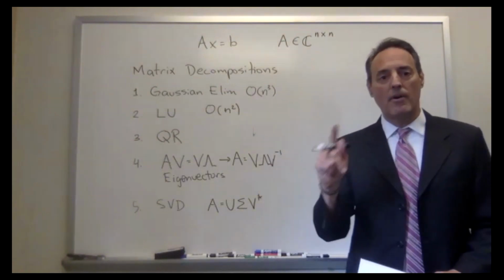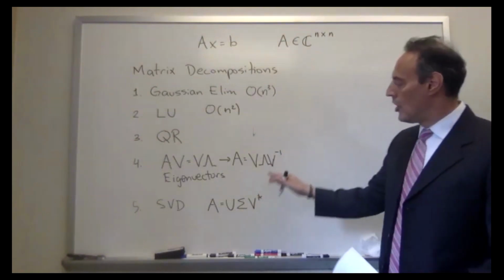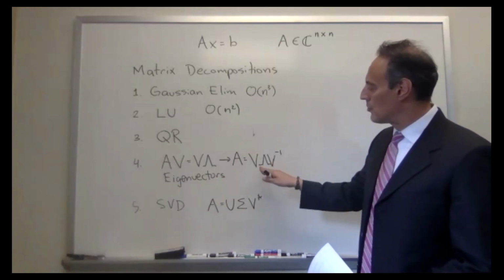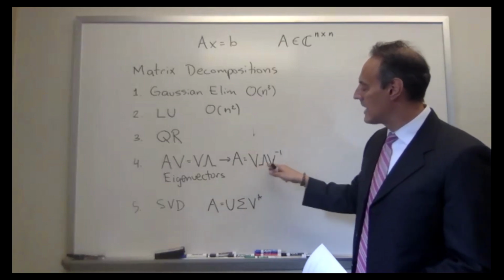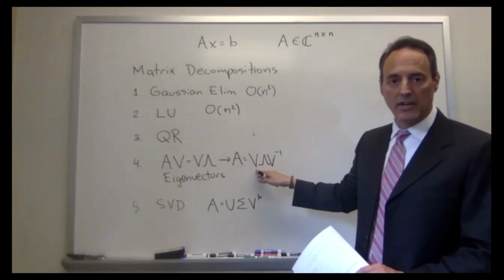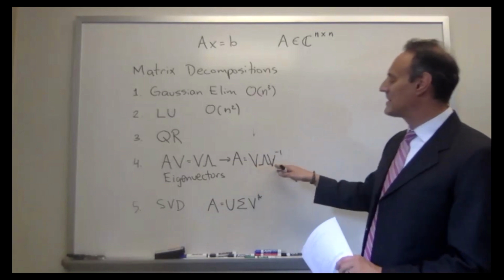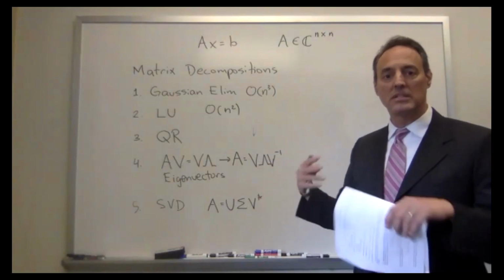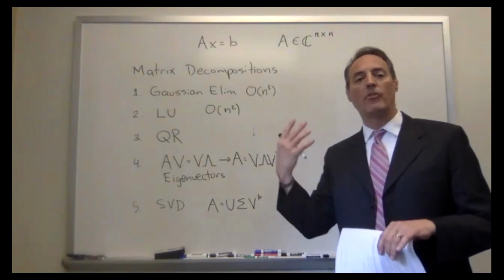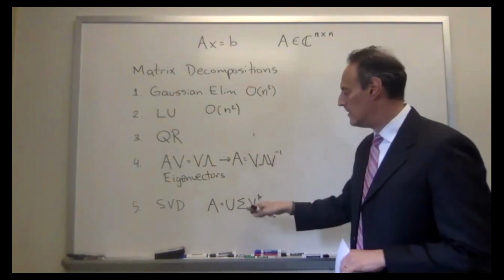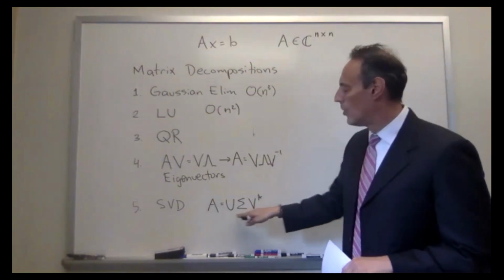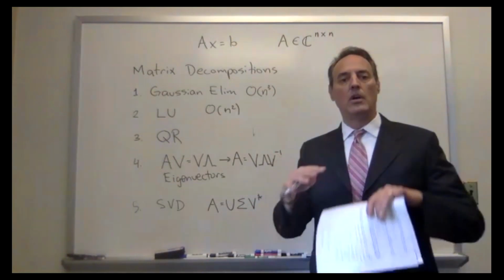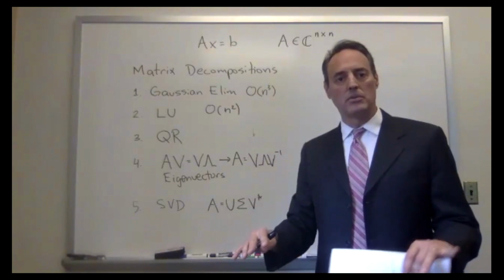But here's the power of the SVD. The eigendecomposition requires one set of vectors V, which are eigenvectors, here, and its inverse there. So this is not two independent coordinate systems. It's the same one, and you see both it and its inverse. SVD works with two orthogonal coordinate systems, right?